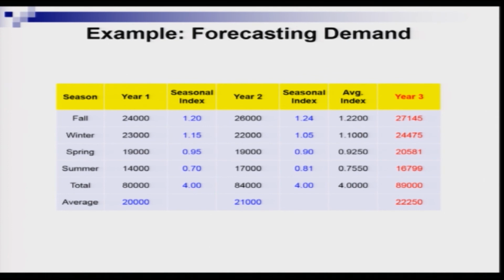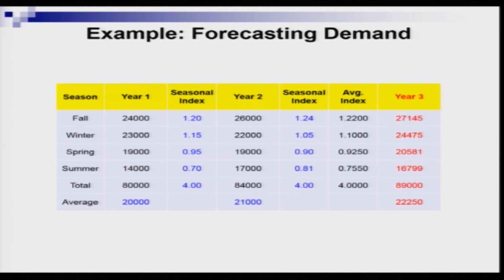You see for year 1 the total demand for this item is 80,000, and for year 2 the total demand for the item is 84,000. Now the farm wants to know what will be the demand for year 3, and the farm also wants to see the seasonal breakdown of these demand figures for year 3.